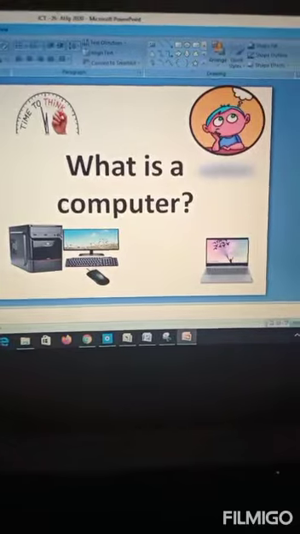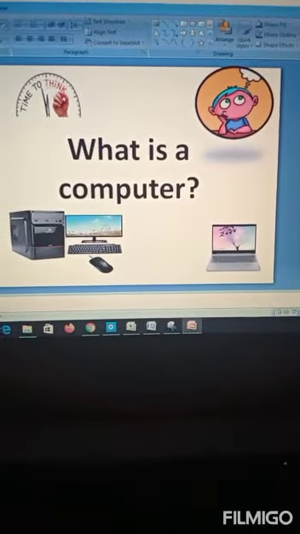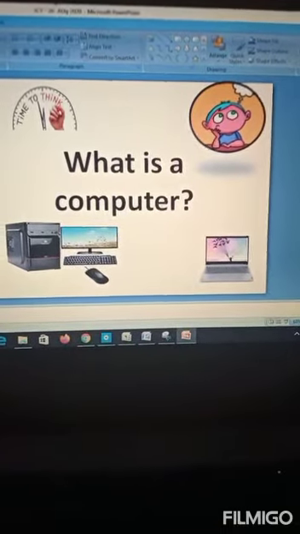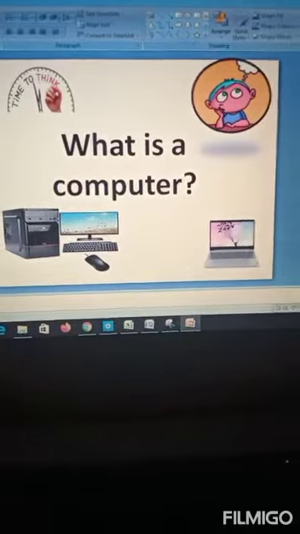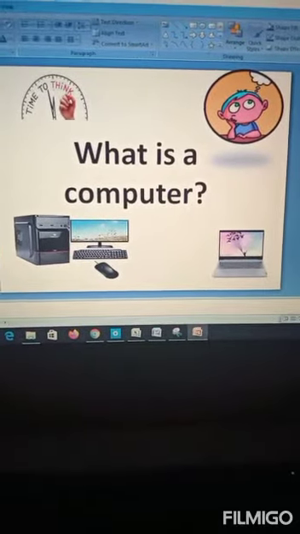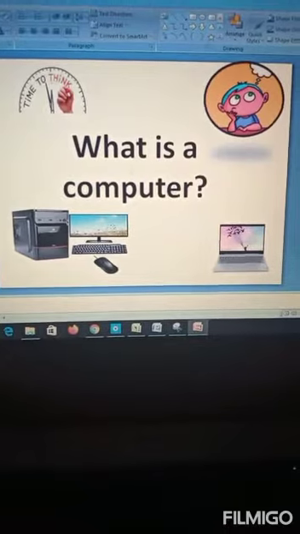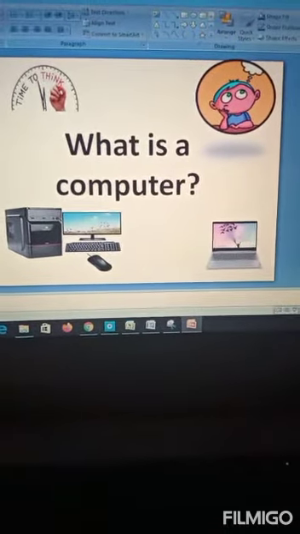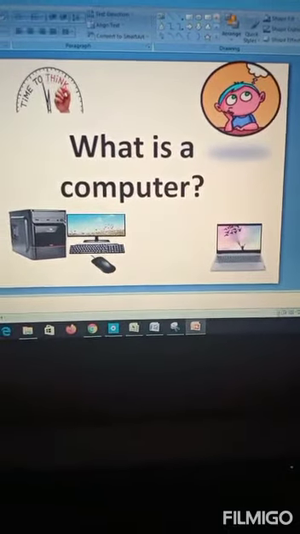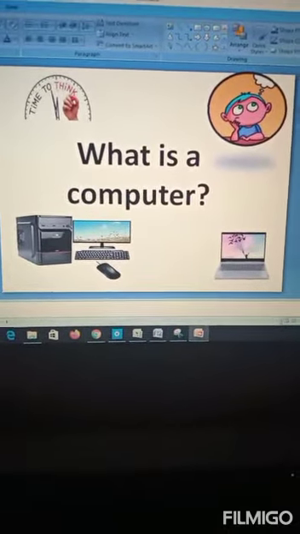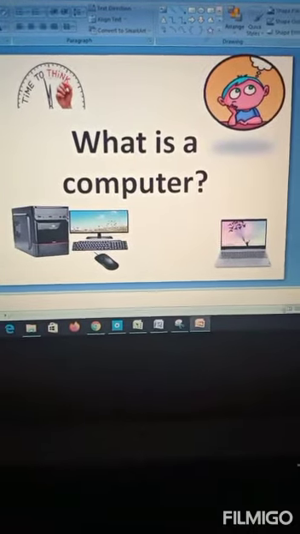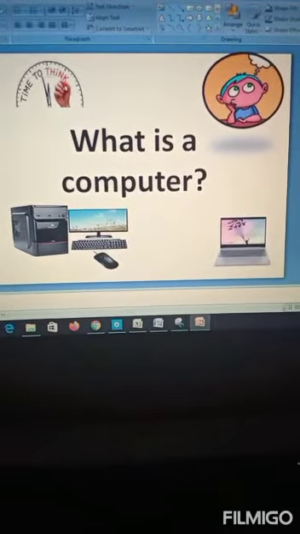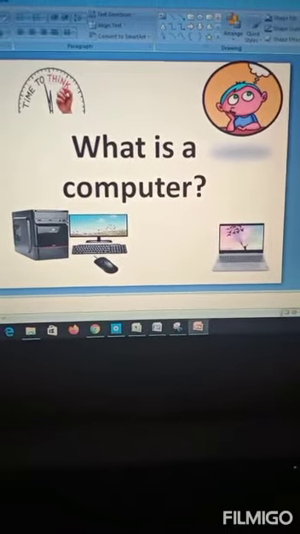Alright, let's see. So, children, computers are found everywhere. You'll find computers at home, you'll find it on roads. If you go to a shopping mall, you'll find it there. You will find computers in the park, hospitals, everywhere, banks, offices, schools. So computers are everywhere, and they are in your pockets, they are on your wrists, they are in the backpacks, in your cars, in your kitchen.